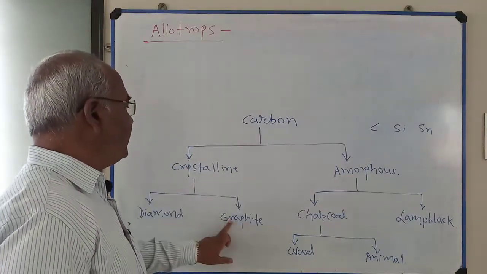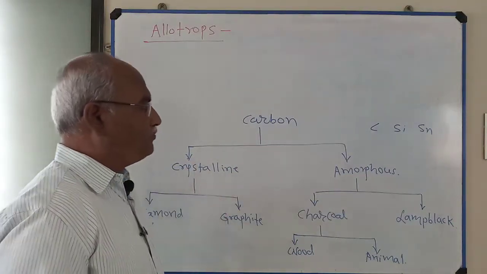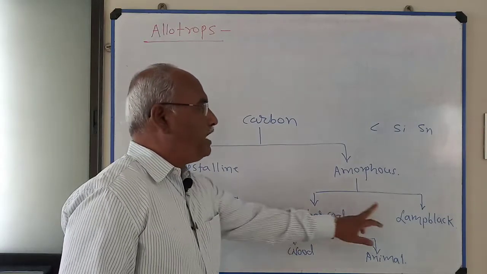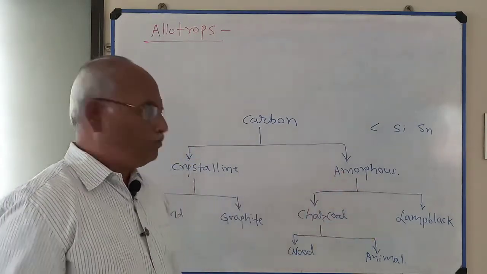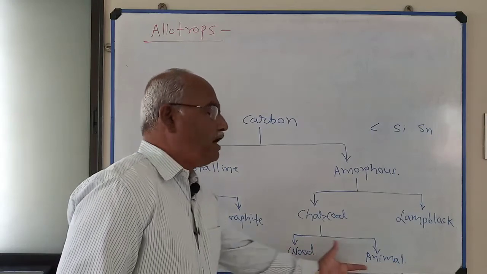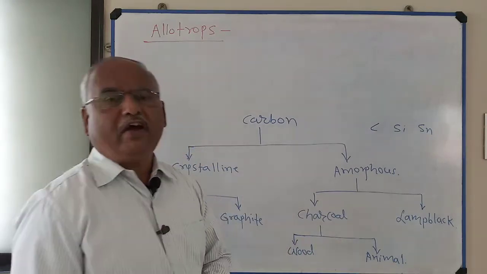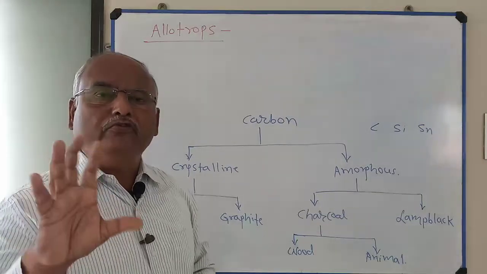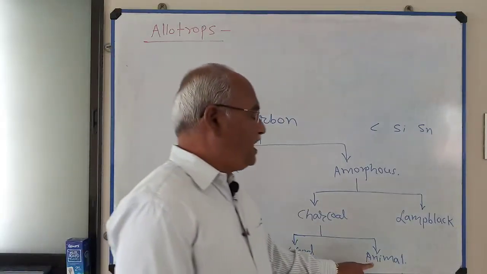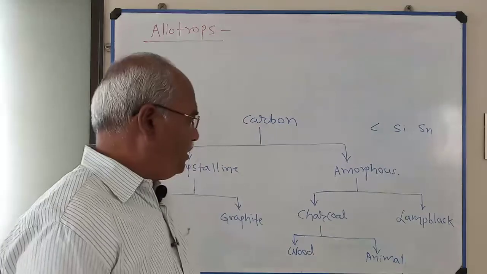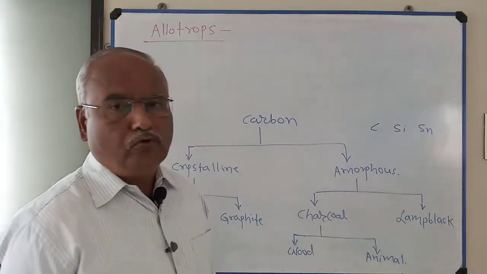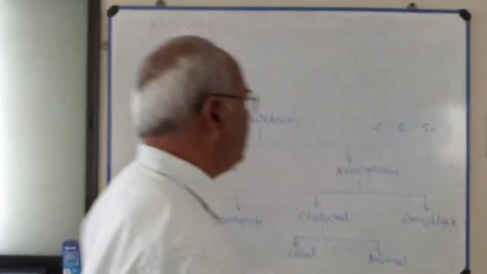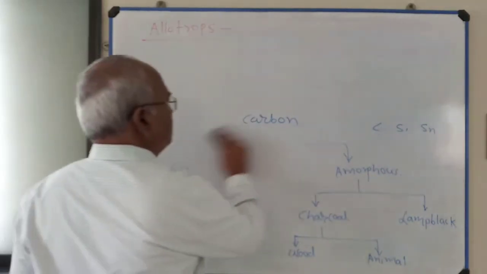Diamond and graphite are crystalline forms. Charcoal and lamp black are amorphous forms. Wood charcoal and animal charcoal: charcoal obtained from animals or bones of animals is animal charcoal, and charcoal obtained from wood or plant is called plant charcoal.